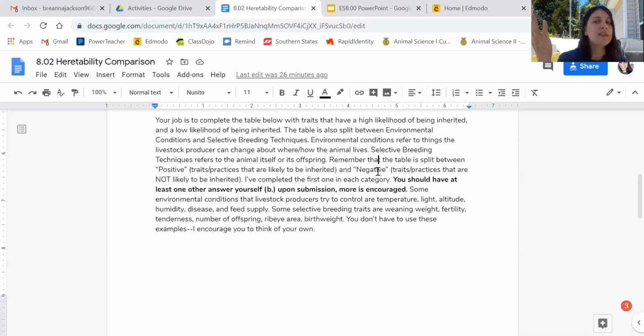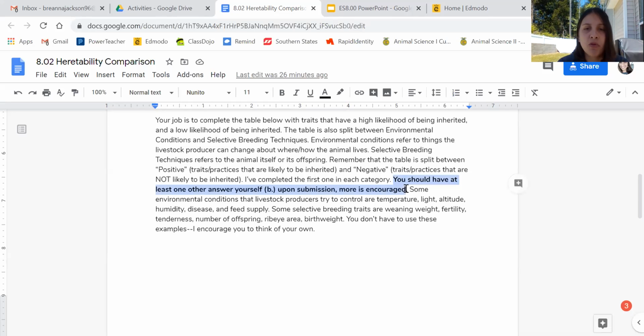So that man trying to save his money, yeah, that helps the farm. But the bull that he purchased is not going to help his breeding. It's not going to help him make money in the long run. A bull is an investment. So even though he didn't spend a lot of money on that bull, he's not going to make a lot of money off of that bull's offspring.